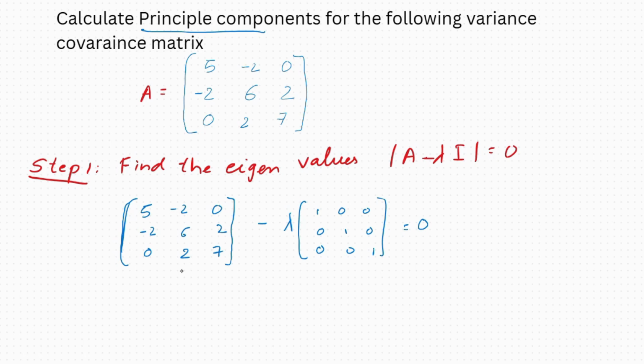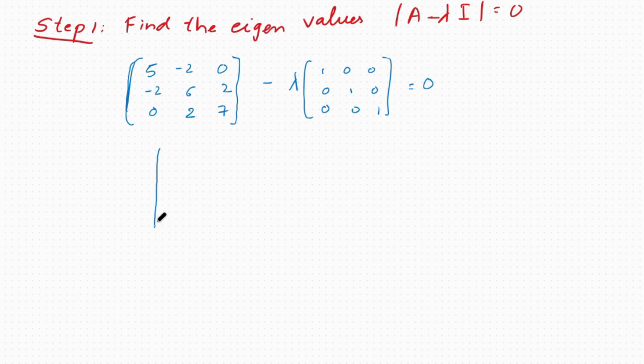So this is our equation now. Let's subtract A minus lambda I. We will get 5 minus lambda, minus 2, 0, 7 minus lambda, is equal to 0. Now we have to solve this det.